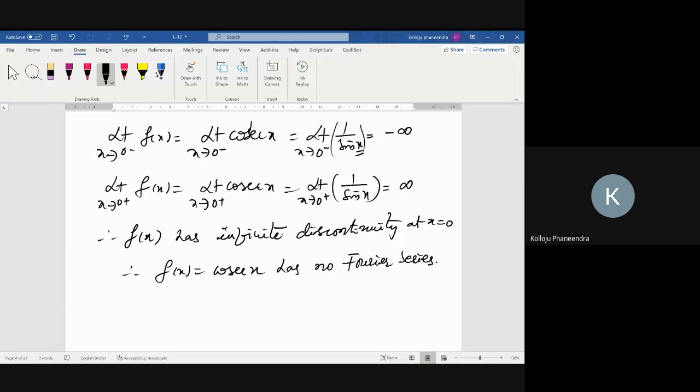Okay, this is one model. And let me consider one problem based on type of discontinuity.